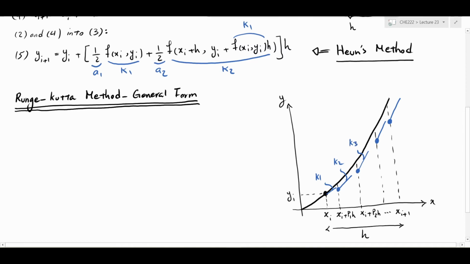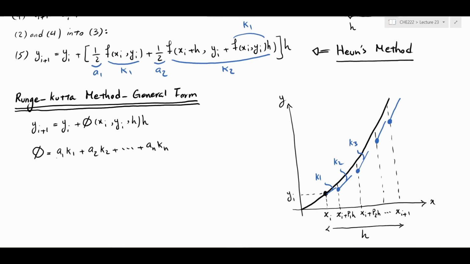So with this in mind, I can now write the general form of Runge-Kutta method, which again starts with our famous formula for yi plus 1. Just notice that in here phi is a function of xi, yi, and h, and can be written as follows.